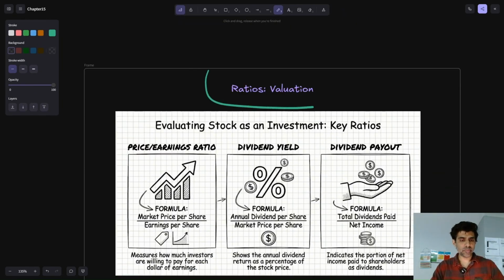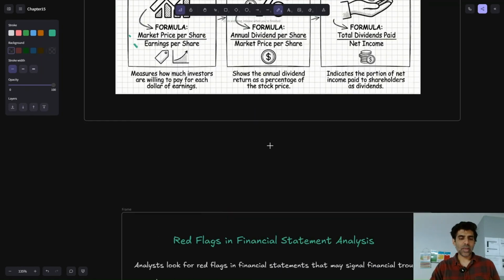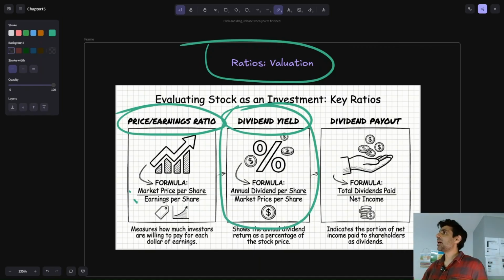And then valuation. So price to earnings ratio, again, this is going to be related to the market price per share, and the dividend yield. Now, for bonds we had that discounting of cash flows to get the bond price. You could do that if you knew how much dividend income you're getting per quarter or per year, and you can do a similar analysis.